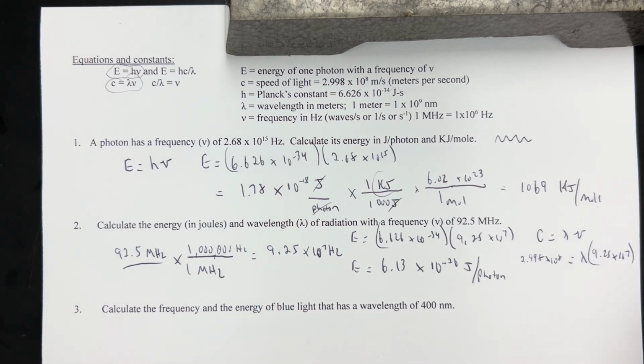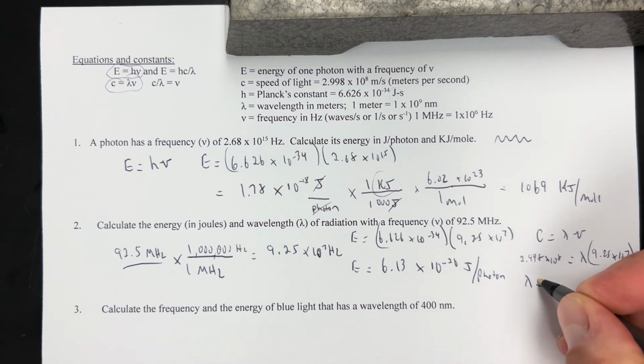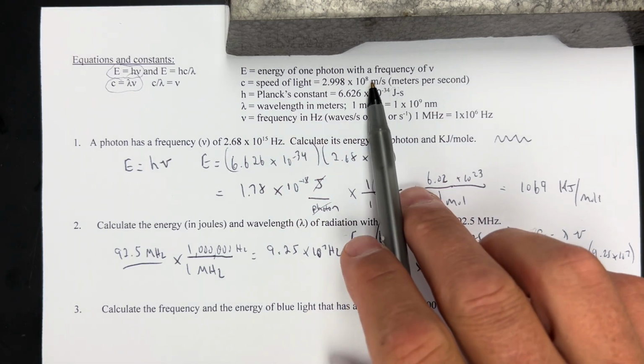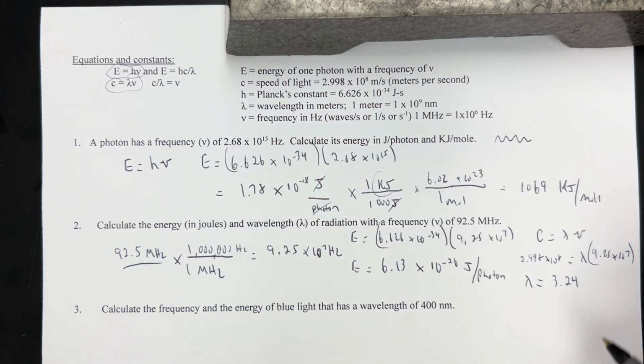Hopefully you guys can still see that. Divide over to this side, so take this divided by this, and you get a wavelength of 3.24. Label. Speed of light is in meters per second, so your label is going to be in meters. I'll do that problems in other videos.